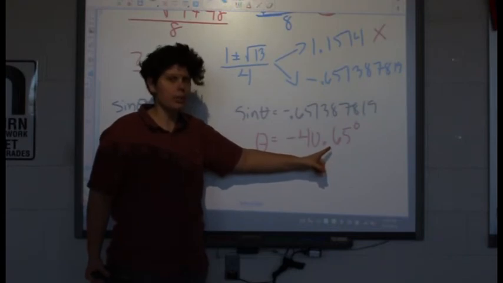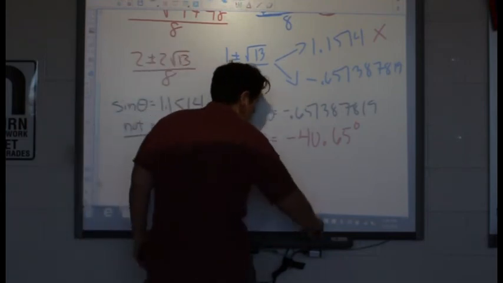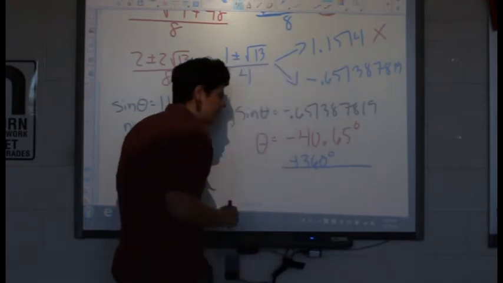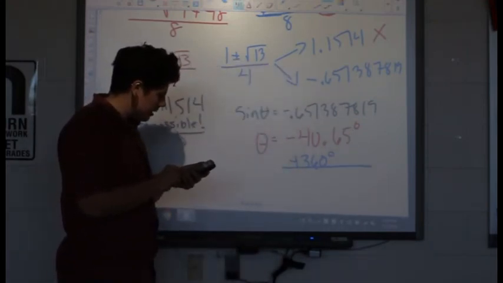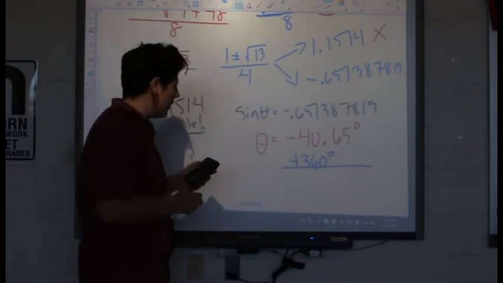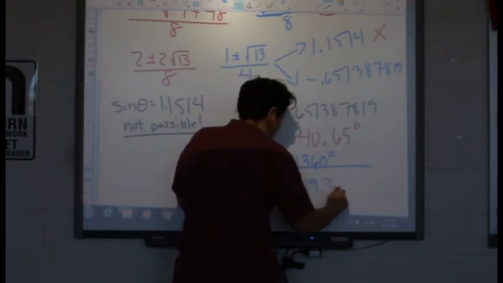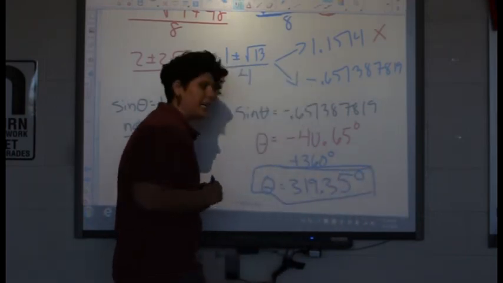Do you remember how to come up with a coterminal angle? That's right, you add 360 degrees. So I'm going to add 360 degrees to this answer just to get a coterminal angle in my range. So that means I'm going to say plus 360 on my calculator, and that means I get theta equals 319.35 degrees. That is one of my answers.